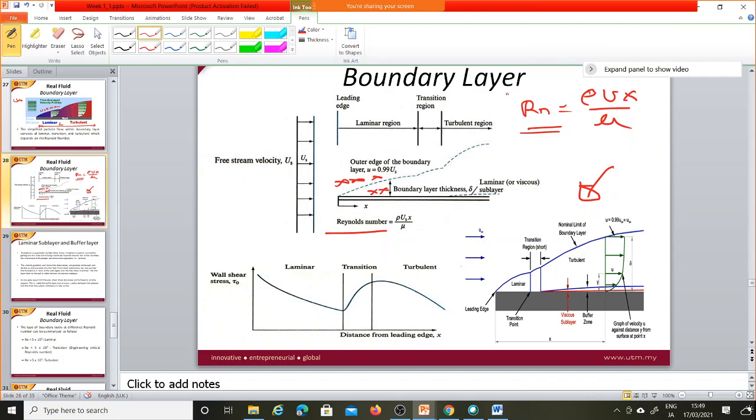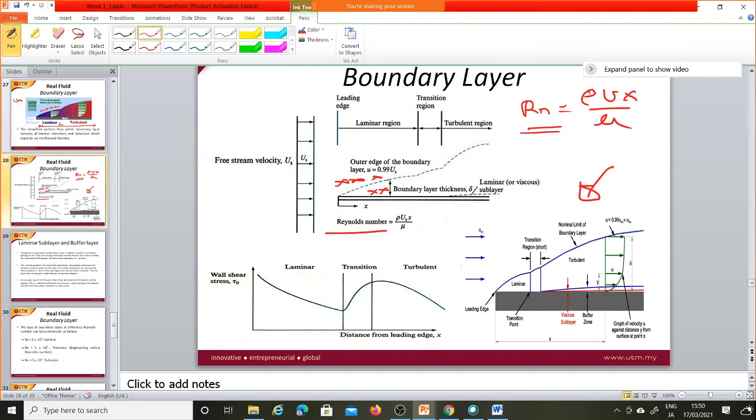Theoretically you should get this much flow, but you will not, because there is a loss in the fluid flow. In this zone the flow is not equal to u infinity; it is always less than u infinity. So it is very important to know the boundary layer and consider these things in the design stage.